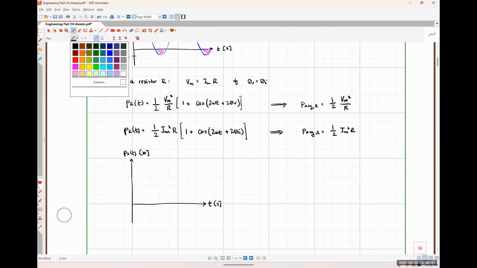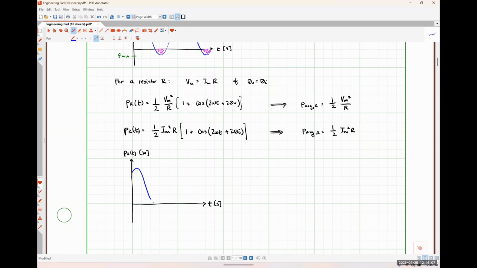And what we would see is that our instantaneous power should touch the horizontal axis, but it should never actually cross it, okay?